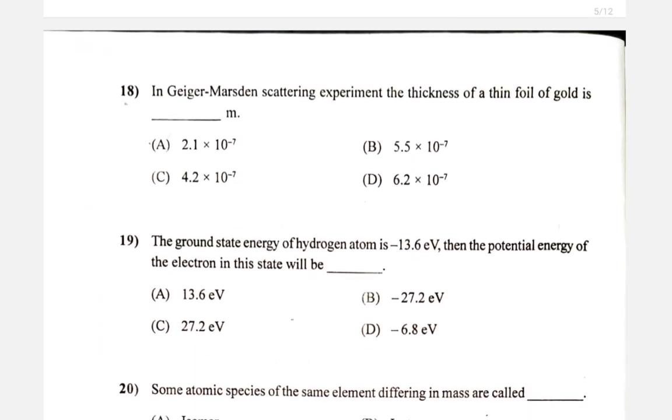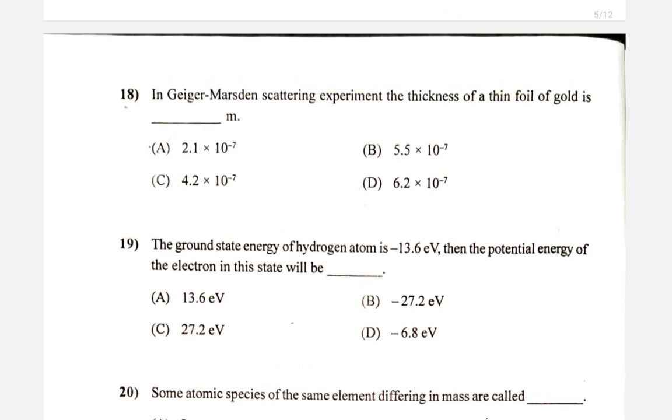In the Geiger-Marsden scattering experiment, the thickness of the gold foil will be 2.1 into 10 to the power minus 7. In the Geiger-Marsden experiment we have seen that a gold foil is scattered with a lead block, and there was a screen with a movable detector.